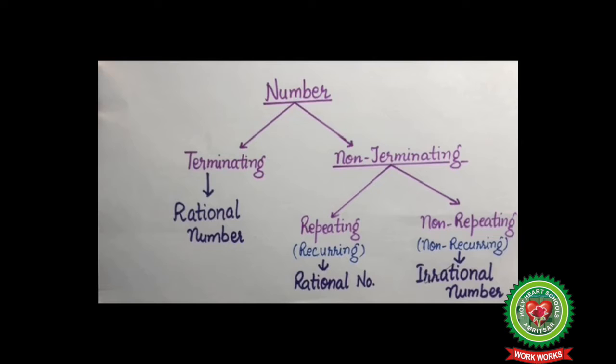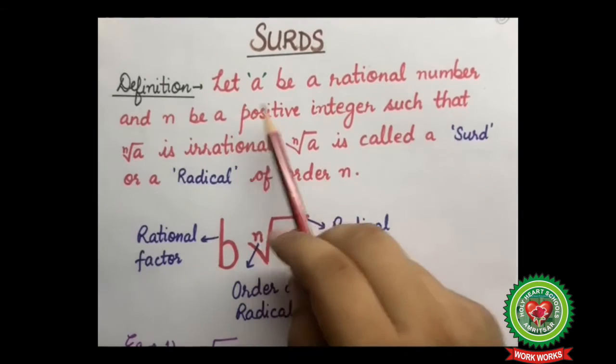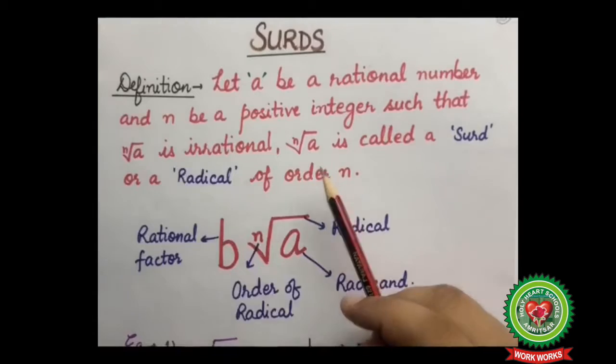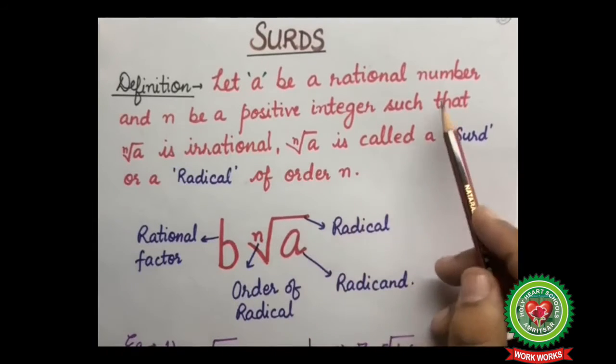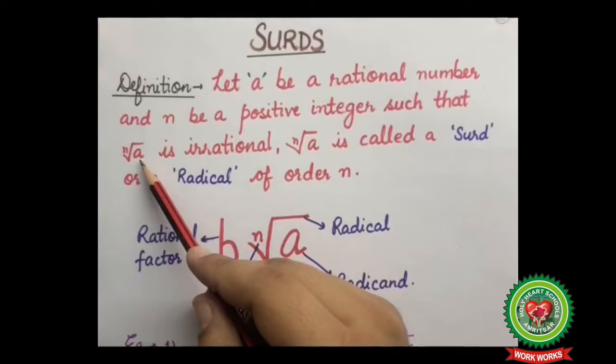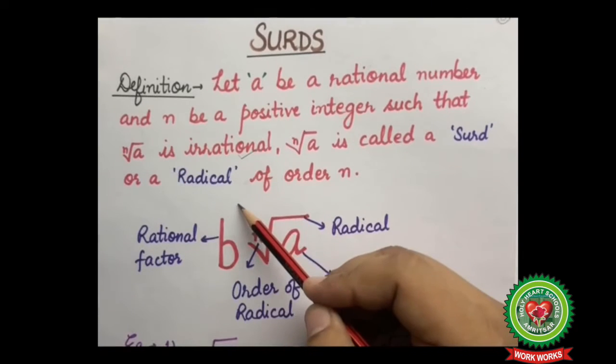So let us discuss in detail the definition of irrational numbers and surds. So what are surds or irrational numbers? Let a be a rational number and n be a positive integer such that the nth root of a is not rational, then it will be an irrational number.